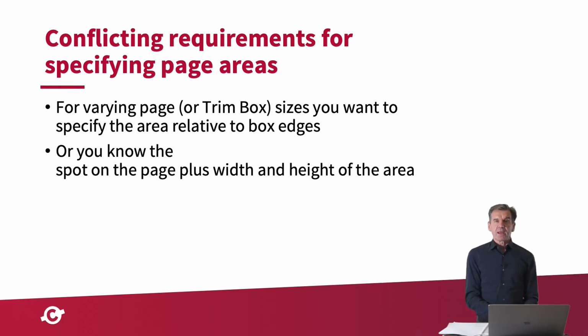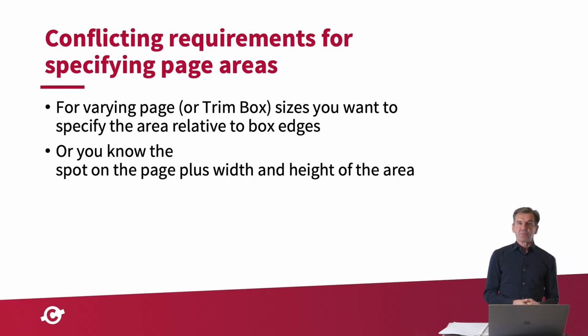And then we saw that you actually have conflicting requirements here. Sometimes you may have a PDF file with varying page sizes, and then you may say, I want to go, let's say, 10 centimeters inwards from my trim box, but since I don't know the size of the trim box, I can't specify an absolute value here. I can just specify distances to the trim box.